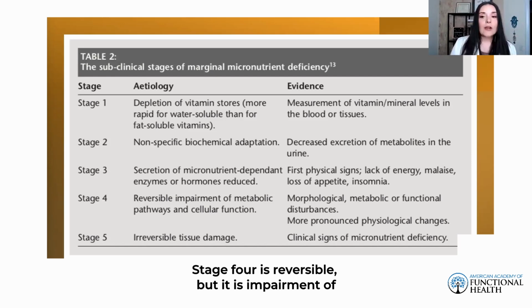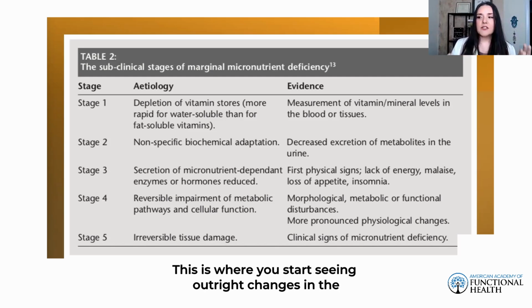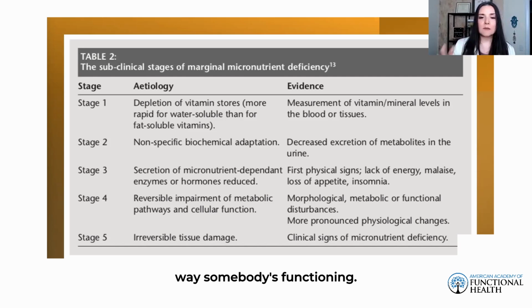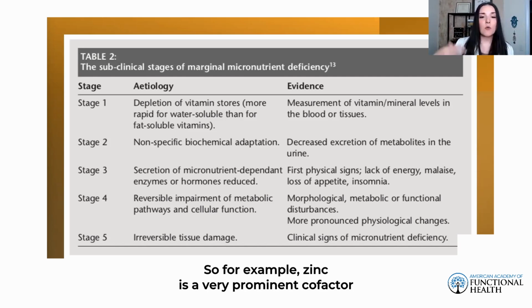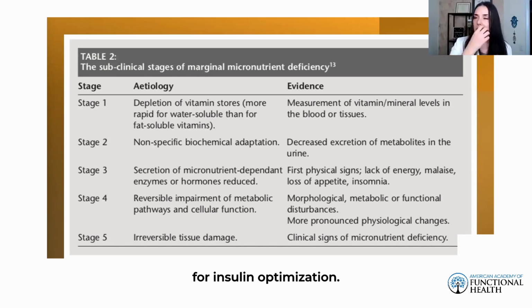Stage 4 is reversible, but it is impairment of metabolic or cellular function. This is where you start seeing outright changes in the way somebody's functioning. An example here might be insulin resistance. So for example, zinc is a very prominent cofactor for insulin optimization.